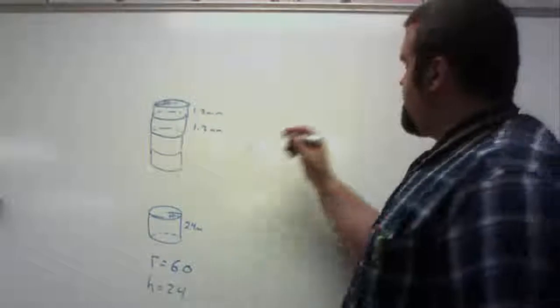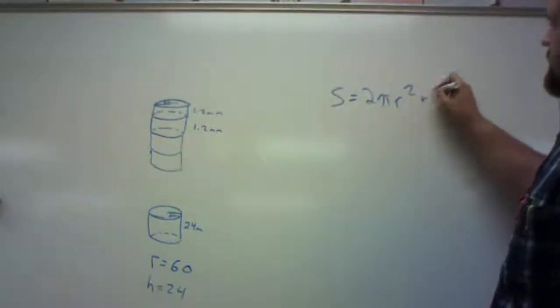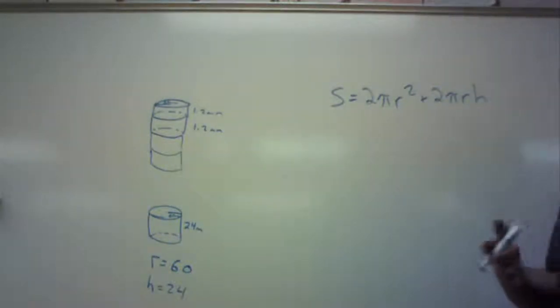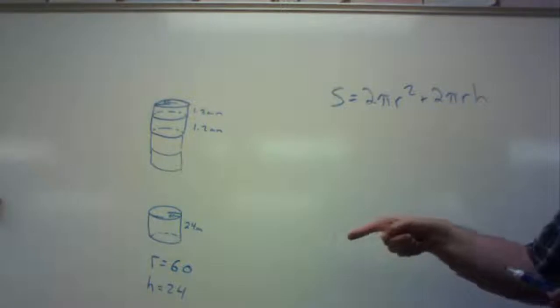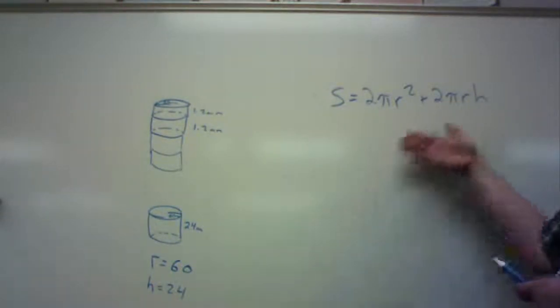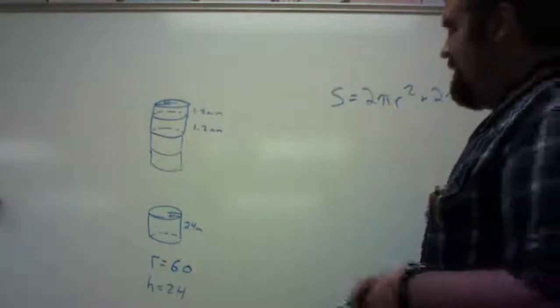and I know the equation. S equals 2 pi r squared plus 2 pi r h is the equation to find the surface area of a cylinder. So if I know r and I know h, don't I just plug r and h in appropriately? Yeah.